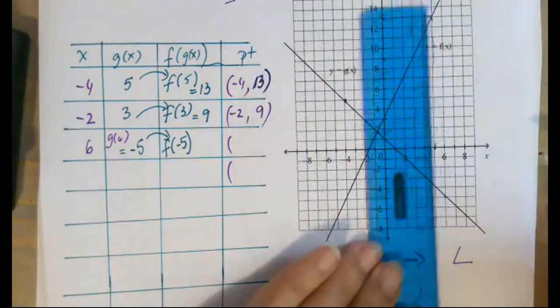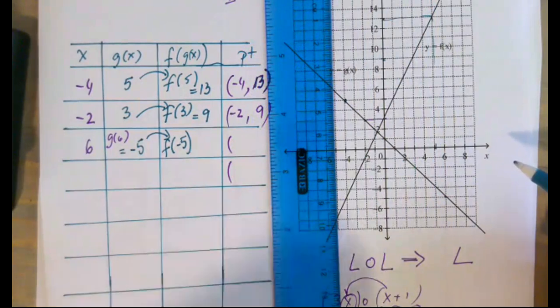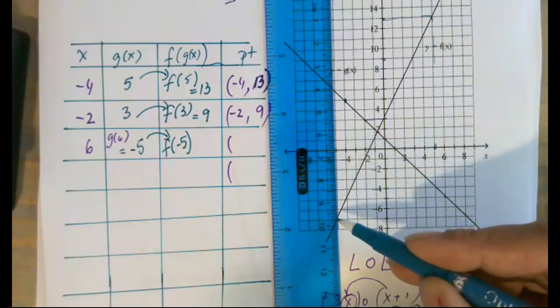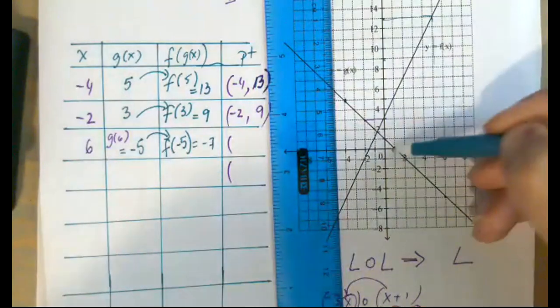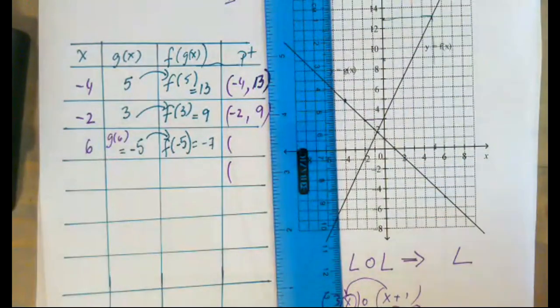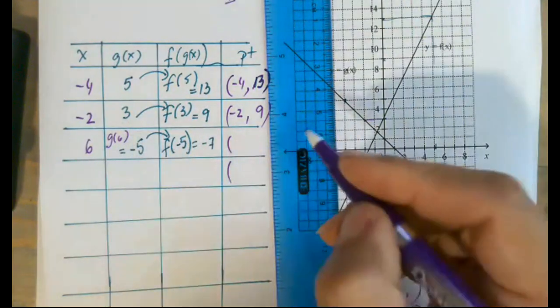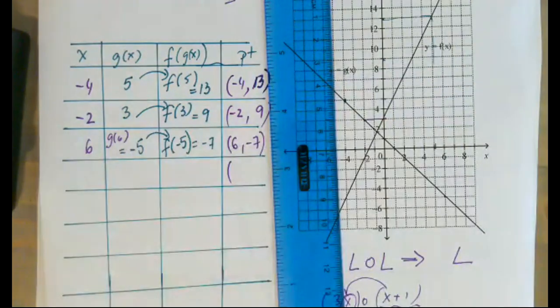You move the ruler, you were at 6, now you're going to move at -5. F at -5, that's the point. It's the y, -7. These are all negatives, and those are all positives, right? So -7. Now the final point will be 6, -7. That's right. Good job.